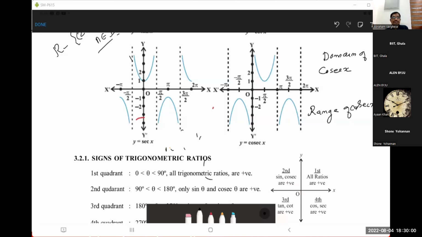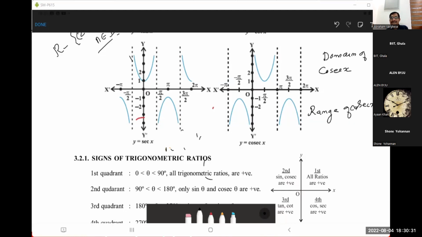Domain will be R minus 2 and minus 1 pi. Range will be minus half plus half. Any other answer? VIT, I'm not getting any answer from VIT. Shreya, Asta, Sohan, are you there?